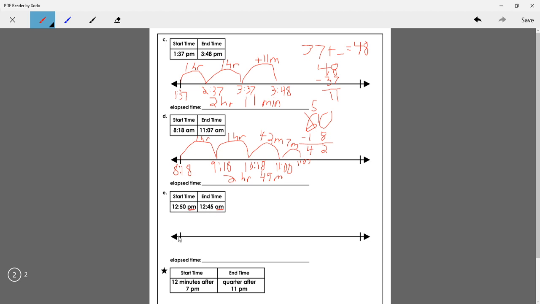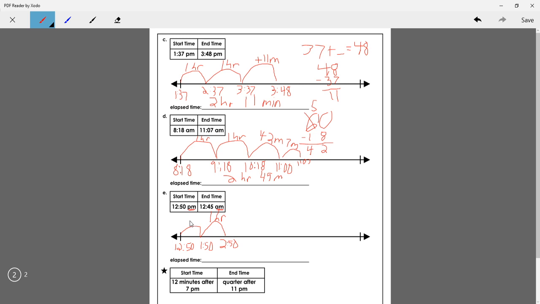We could also just keep hopping hours. So 12:50, right? Then it would be 1:50, and we could keep going. We could hop more than 1 hour, right? 2:50.